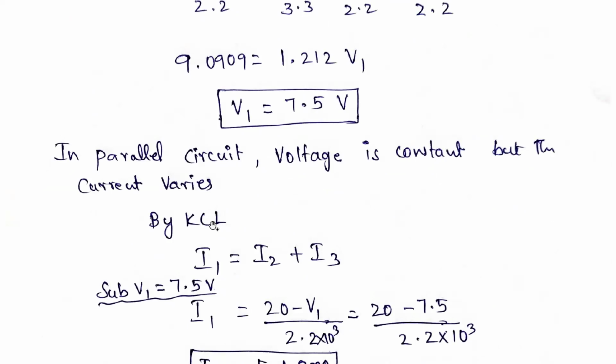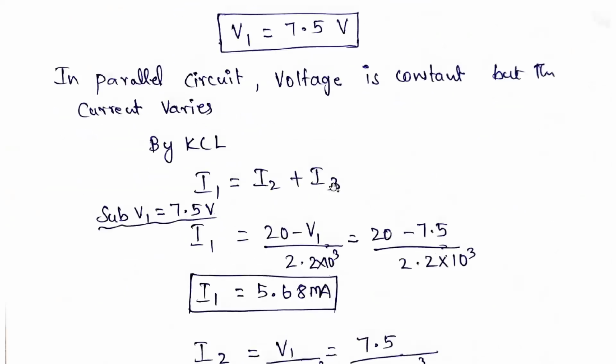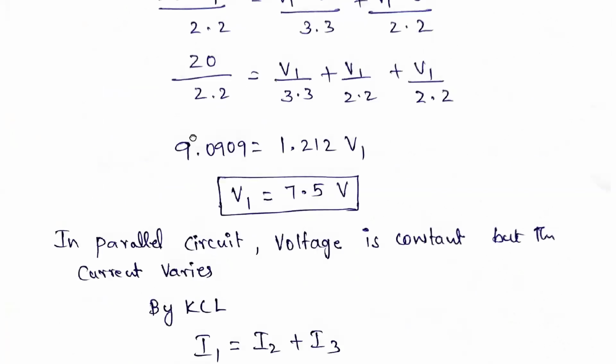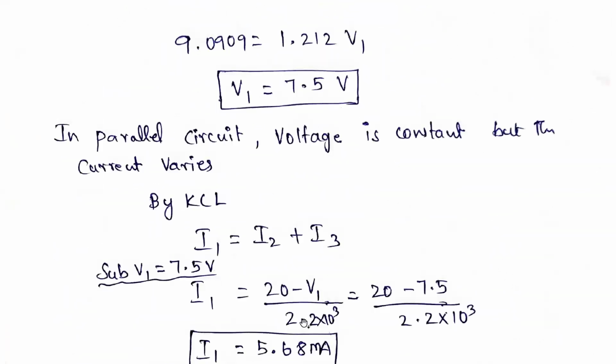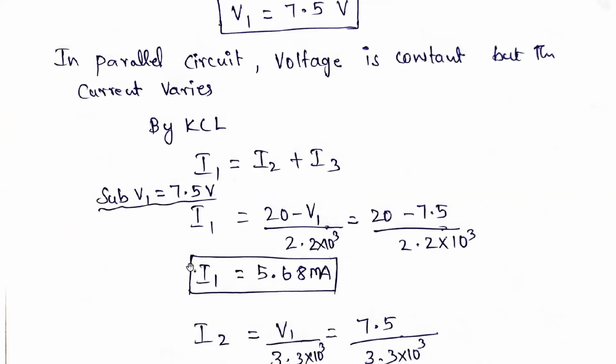By Kirchhoff's current law, I1 is equal to I2 plus I3. Substituting V1 as 7.5 volts, I1 is equal to 20 minus 7.5 divided by 2.2 into 10 to the power of 3. Simplifying with a scientific calculator, I1 is 5.68 milliamps.